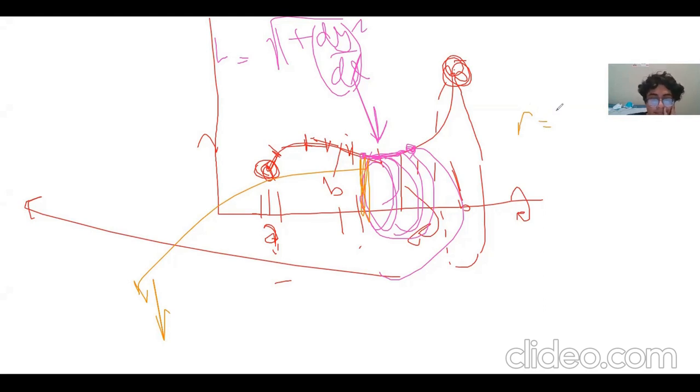So the radius is the value of the function. If a function f of x gave you this curve, then f of x is going to give you the radius. But at a different x input, we'd be at a different length, and if we took this part and rotated it around, we would be farther from the origin.